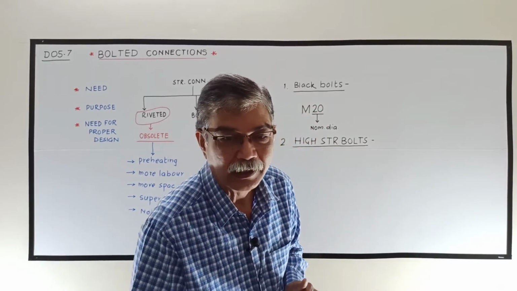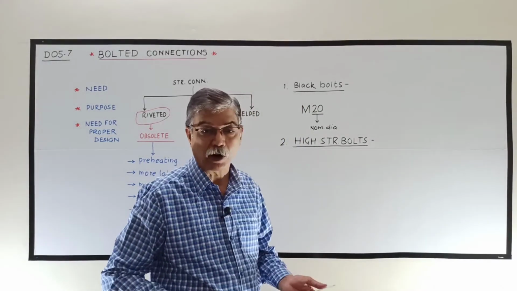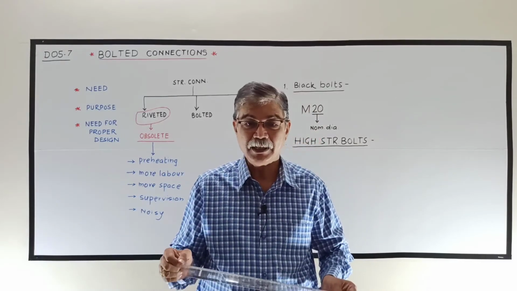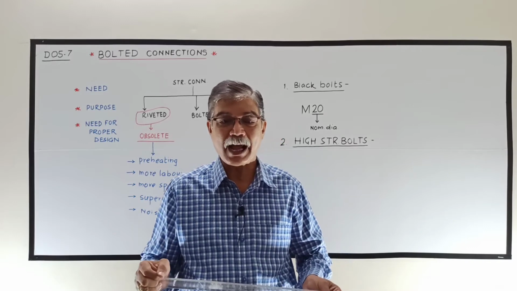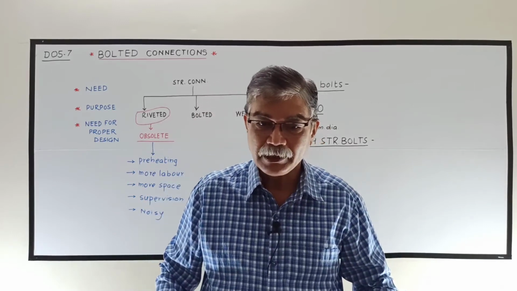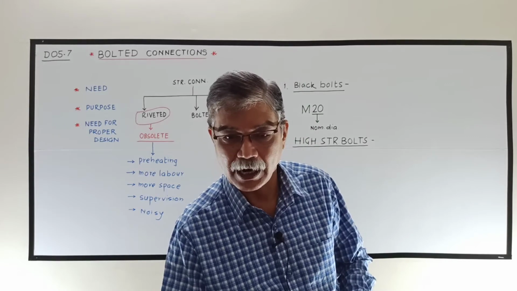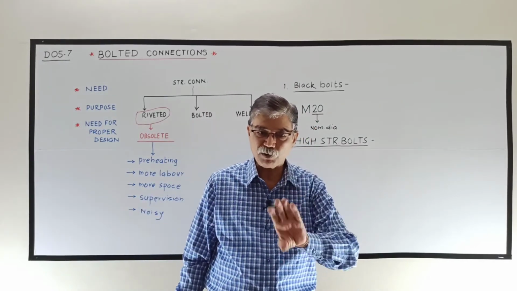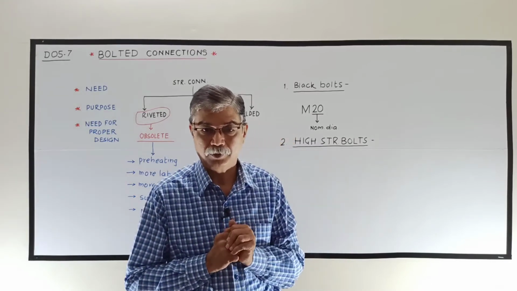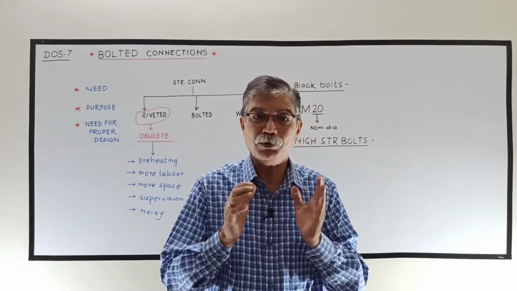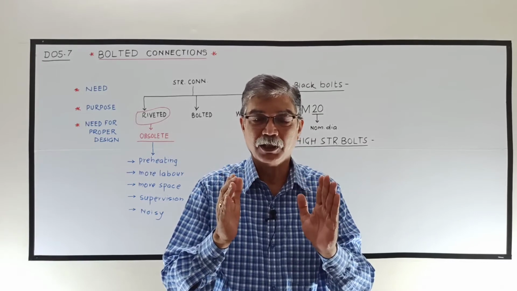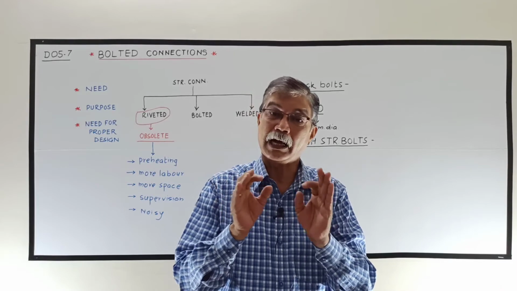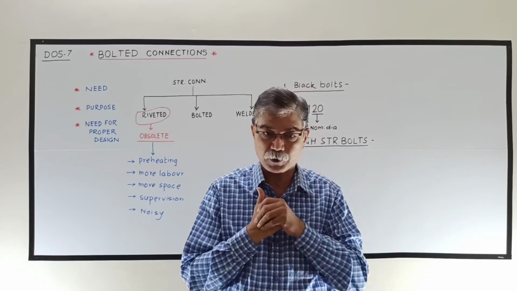These high strength bolts are made from medium carbon steel. Generally, the property classes 8.8 and 10.9 are very common in these high strength bolts. What is property class? We will see after this. Okay? So high strength bolts are made from medium carbon steel. Generally, minimum property class is 8.8, and 10.9 are commonly used high strength bolts.